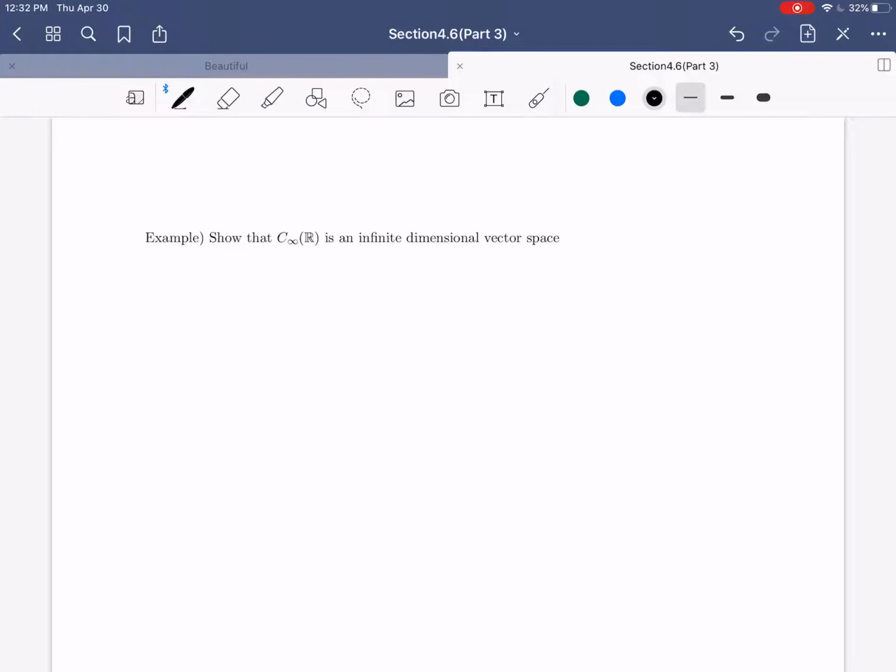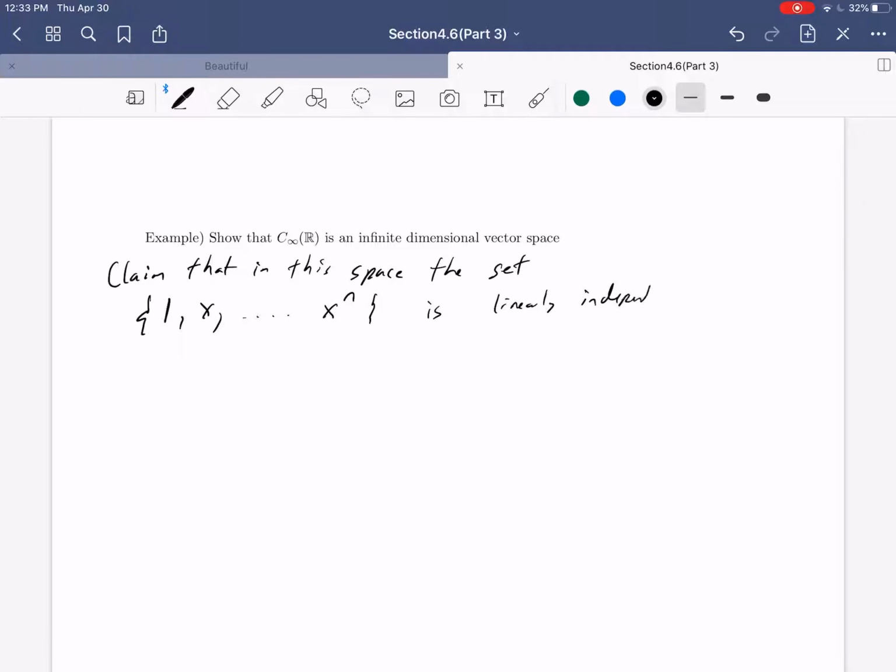So the way I'm going to do this is I'm going to claim that in this space, the set 1, x, down to x to the n is linearly independent for all n. Okay?